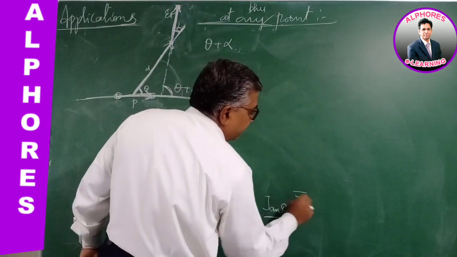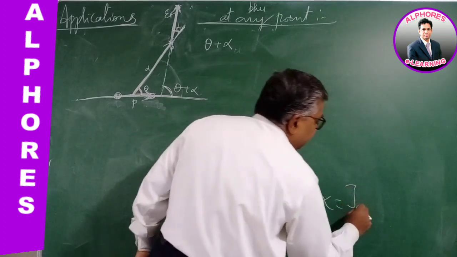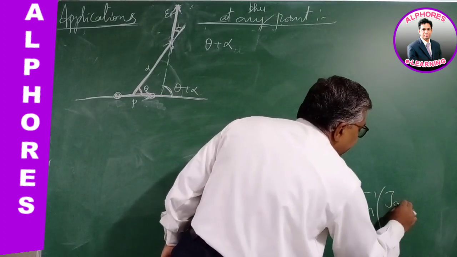From this we can evaluate alpha is equal to tan inverse of tan theta by 2.